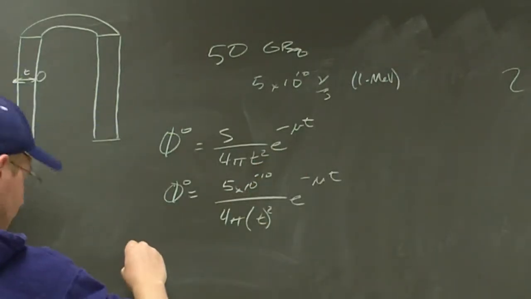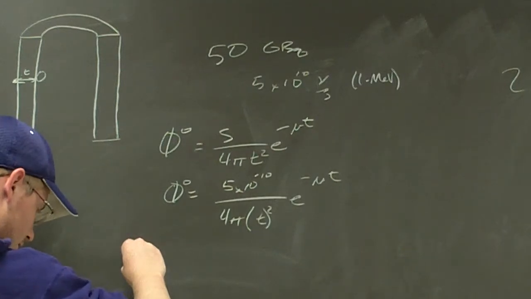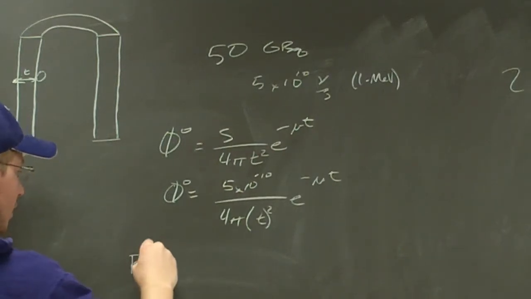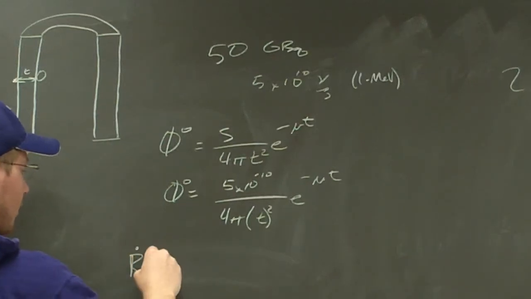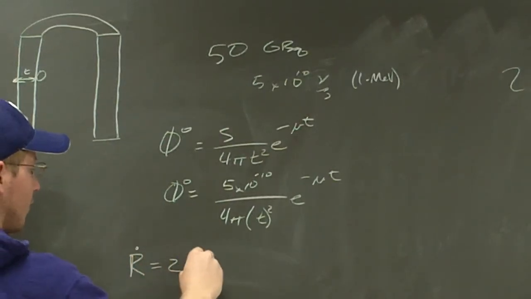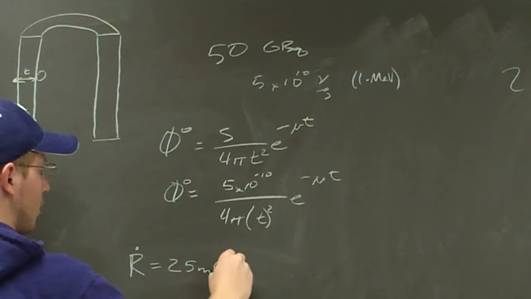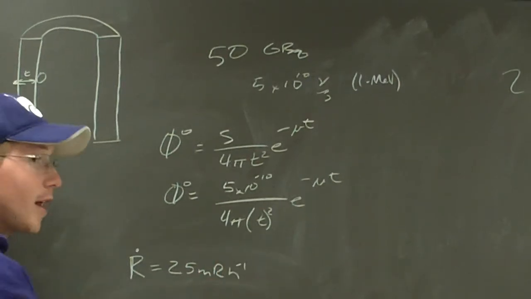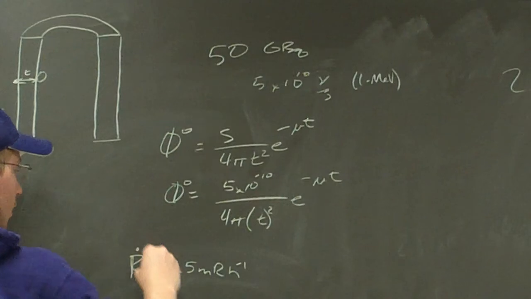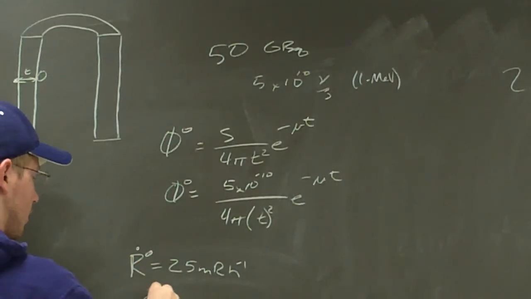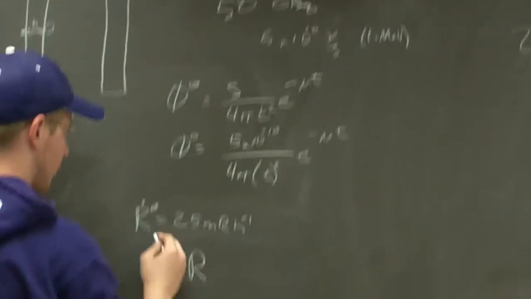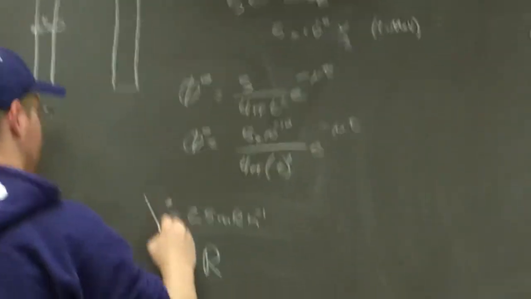So we want the exposure rate outside to be equal to 2.5 mR per hour. Well, if we're not accounting for buildup, then this is uncollided exposure, and uncollided exposure is equal to the response times the uncollided flux.